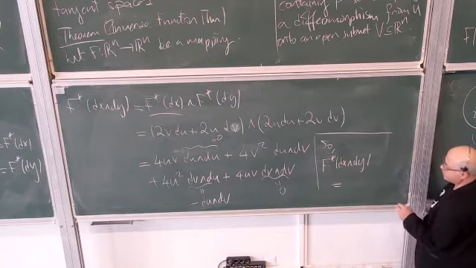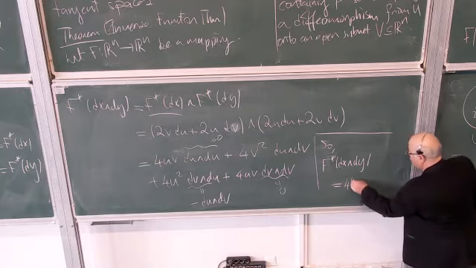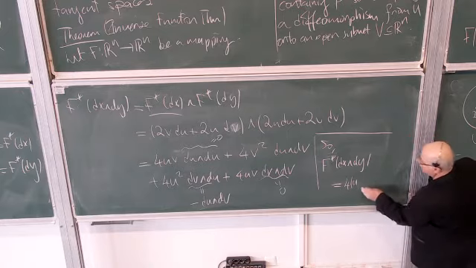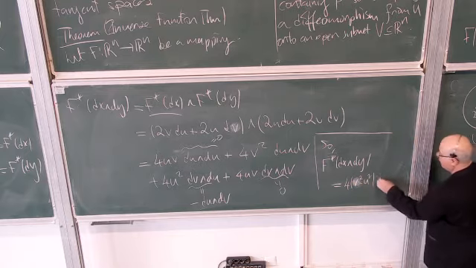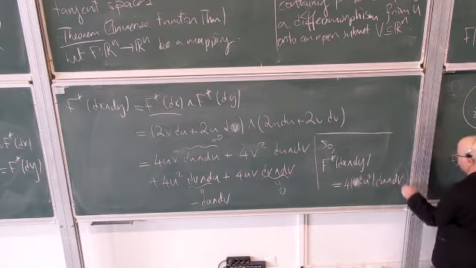So it is 4 times (v squared minus u squared) du wedge dv.